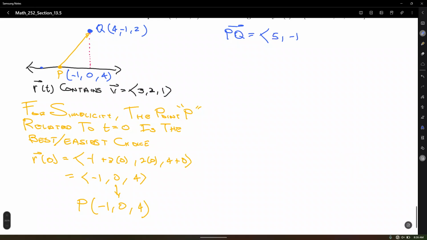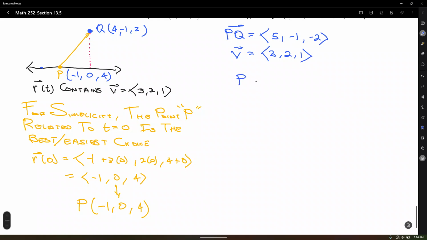And 2 minus 4, that equals -2. What else do we need? The direction vector v, which is 3, 2, 1.